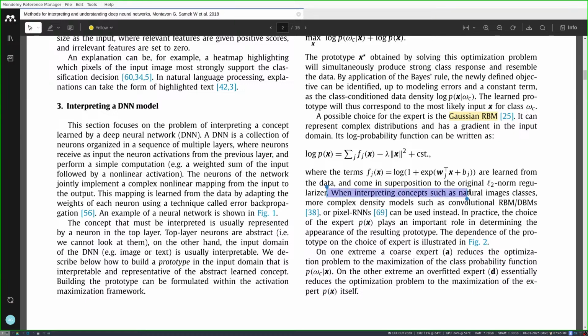For interpreting concepts such as natural image classes, more complex density models such as convolutional ones can be used instead, probably for images. In practice, the choice of an expert p(x) plays an important role in determining the appearance of the resulting prototype.